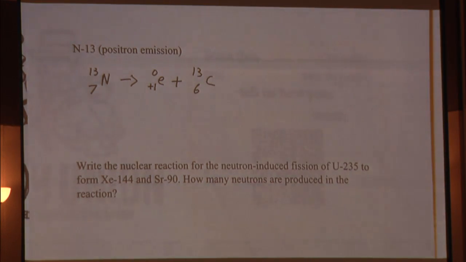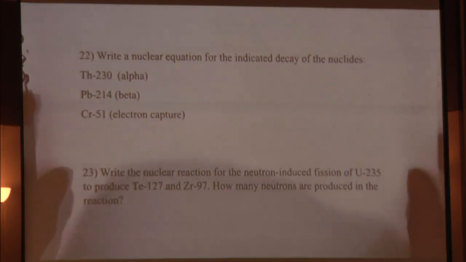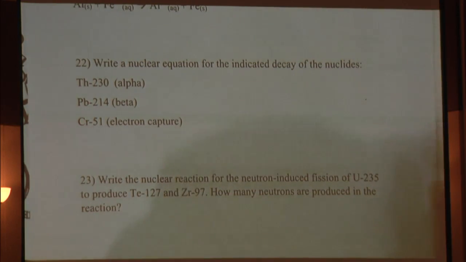So we see that our symbol is C for carbon. So your practice problem is number 22. Write a nuclear equation for the indicated decay of these nuclides. Let's give this one a minute 30.